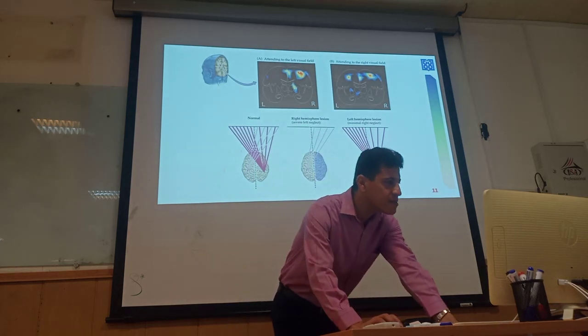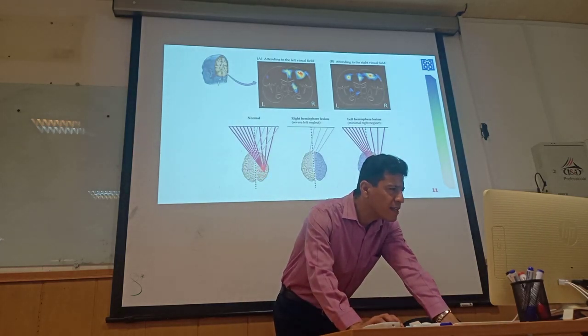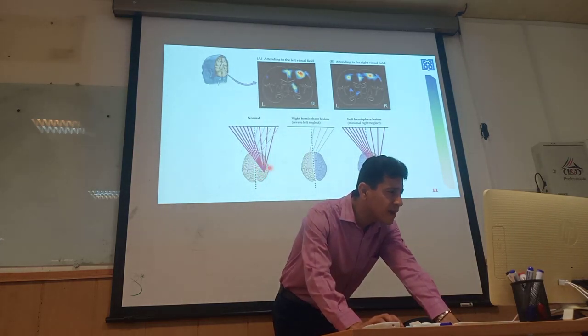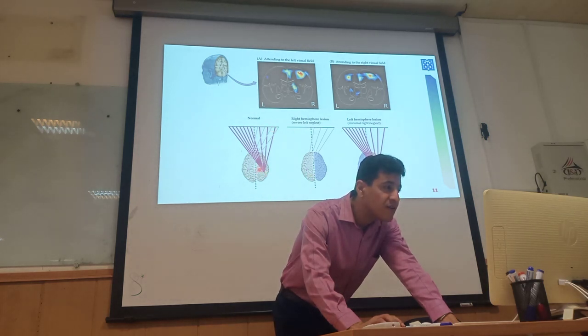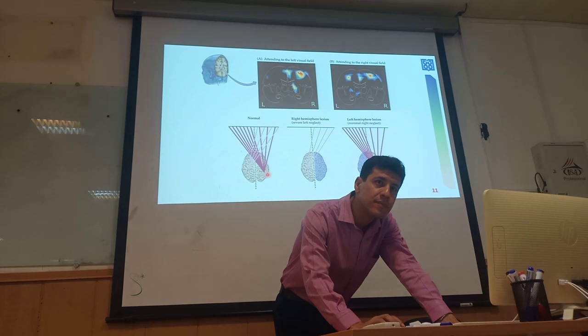So, let's see this one. We can say that the right hemisphere can attend to the left and to the right, but the left cortex can only minimally attend to the right. Now, if there is damage on the right side, what happens?